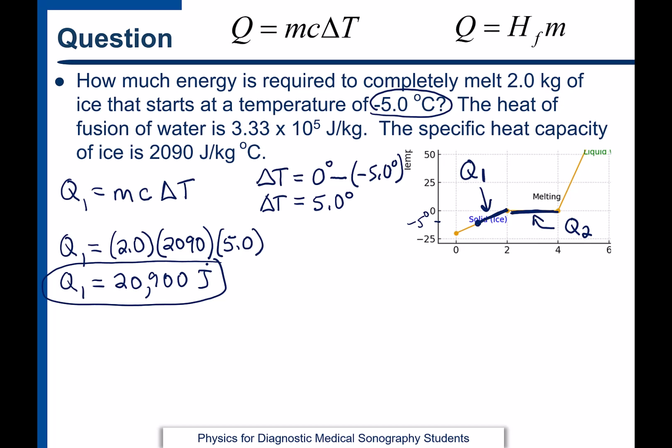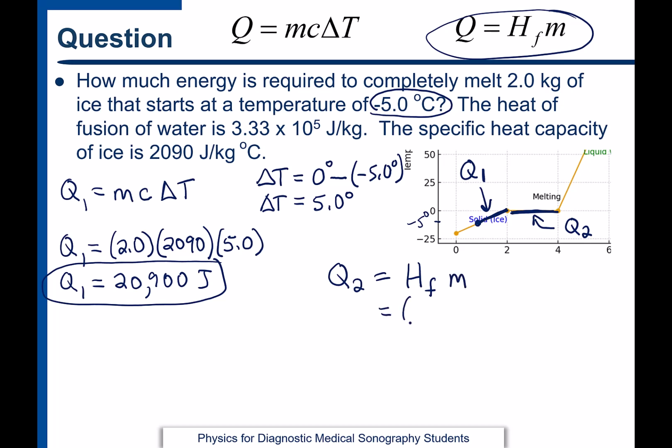But now we've got to figure out how much energy it takes to fully melt that ice, and that's Q2. So now we're using our new formula: the amount of heat required to melt a quantity of ice is the heat of fusion times the mass that we're trying to melt.